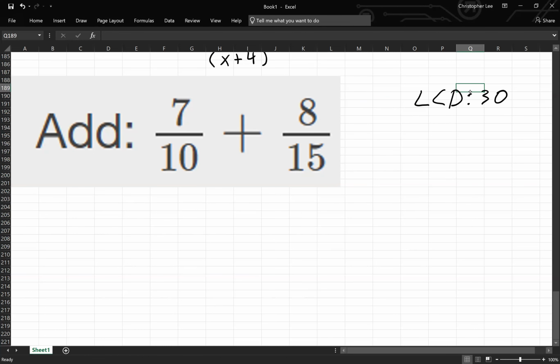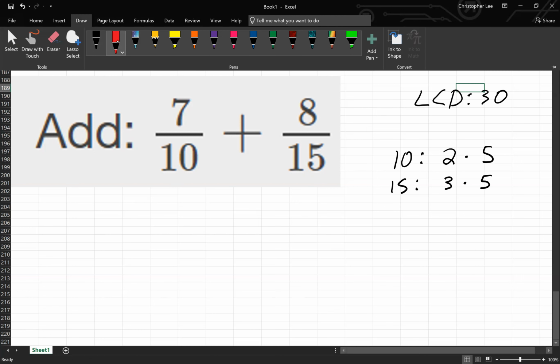Remember how we do that? The 10 is 2 times 5, right? And the 15 is 3 times 5. So I take one of them.